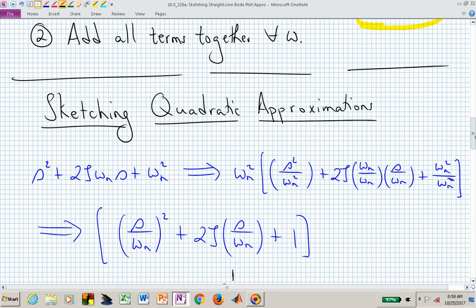Here we are now in our standard form normalized. This is now our time constant form. This is what we want structure-wise in order to make these sketches in the Bode plot.